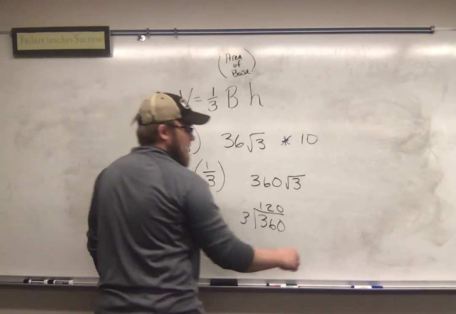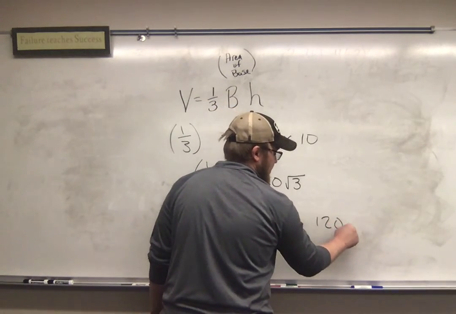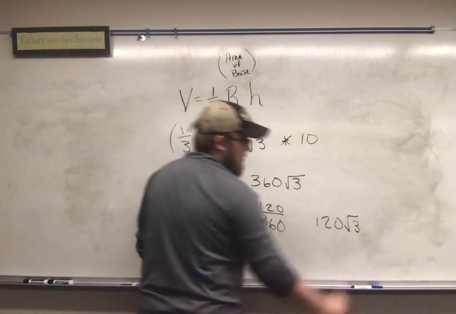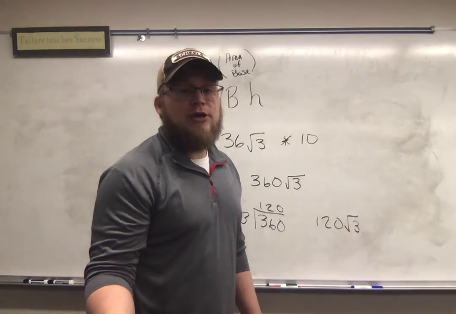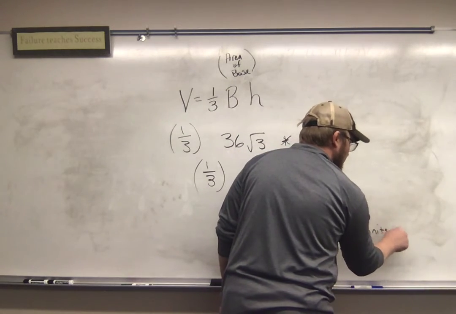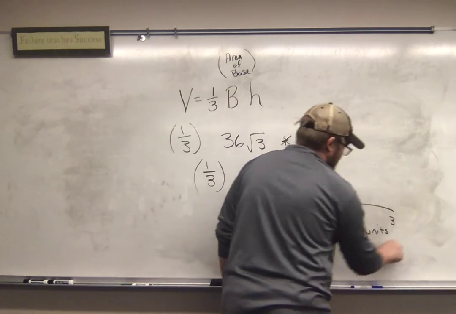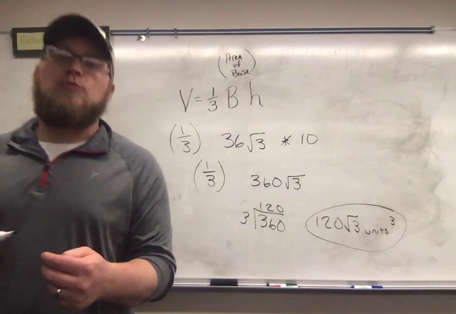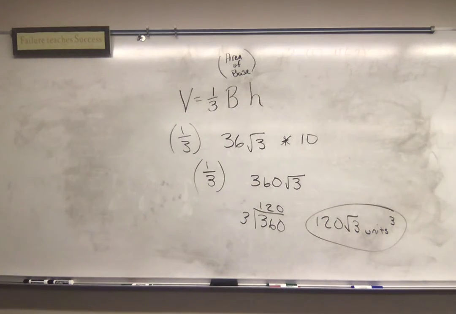Don't forget to add on the 120 root 3, and there were no units, so you say units. And you say units cubed, remember, because we are talking about volume. So I'll get out of the way so you can see that work there.